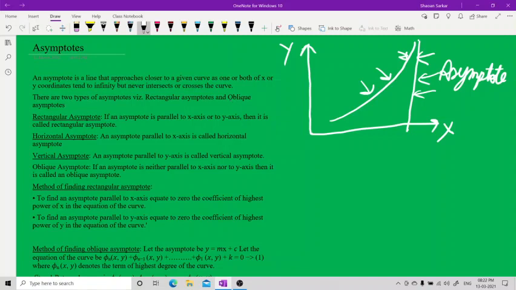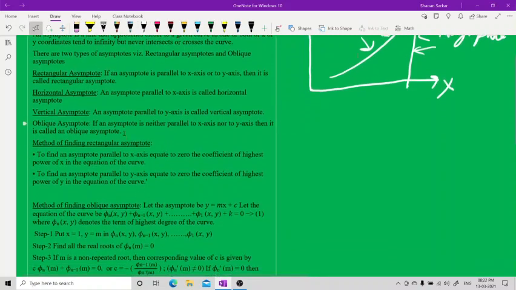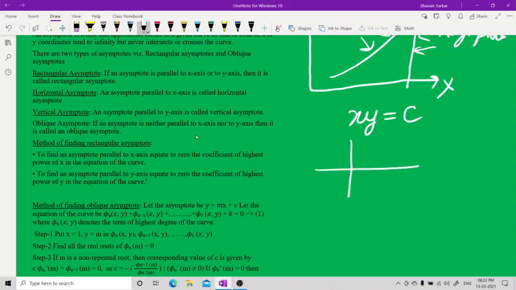Now there are rectangular asymptotes, and in this you have horizontal and vertical asymptote. Let us understand what is rectangular asymptote. You have seen this rectangular hyperbola equation, right? Now this equation has a graph like this. This is the x, this is the y. This comes like this.